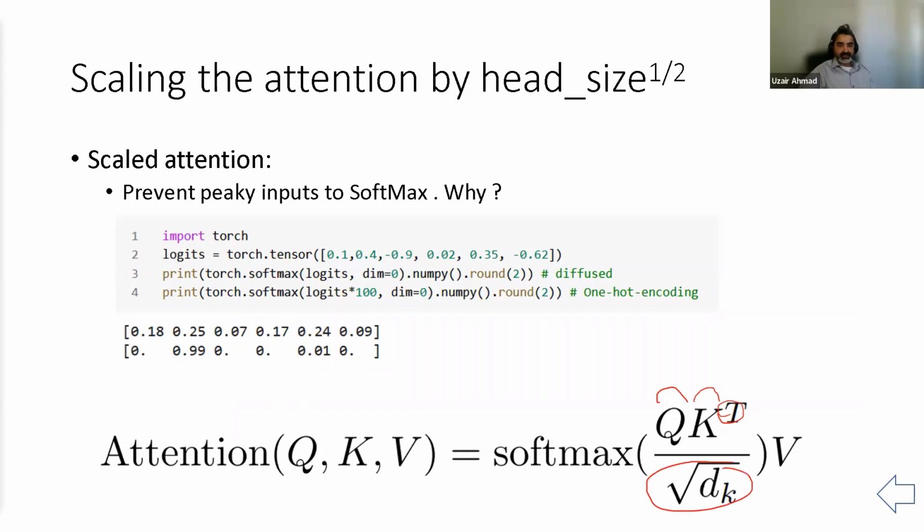This scaling is important because if we don't do the scaling, we may end up not learning from all the nodes, all the words in the sentence. How? Look at this example. This is a tensor. When we apply softmax, we get this vector. If we multiply this tensor logits with 100 and apply softmax, we get this vector.